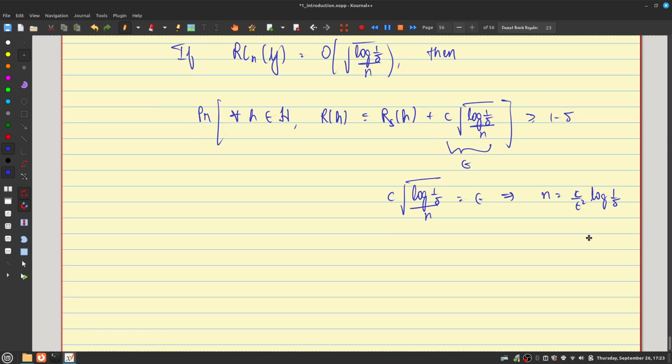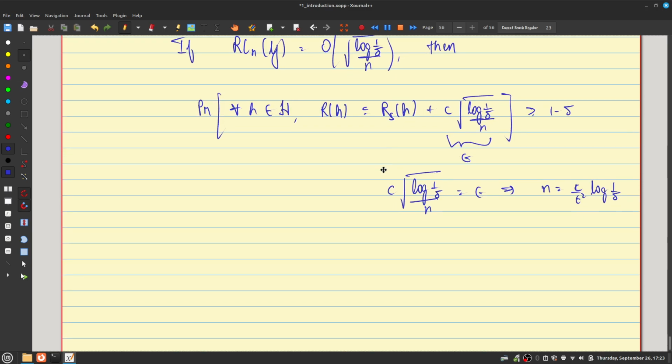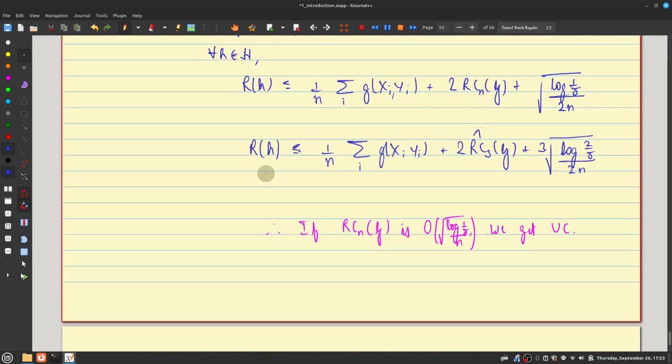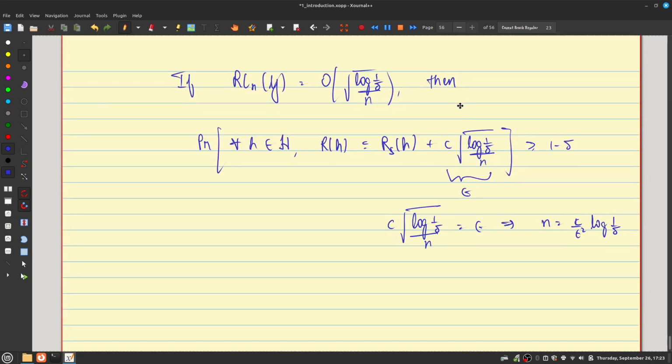In fact, even otherwise, we can still get a bound on the sample complexity. So if I take this whole quantity to be equal to epsilon, what is the sample complexity going to be equal to?